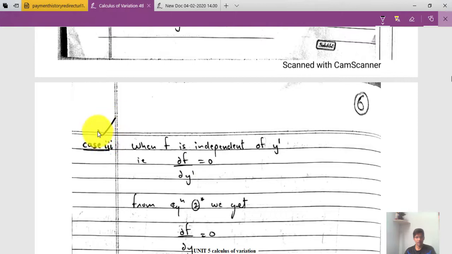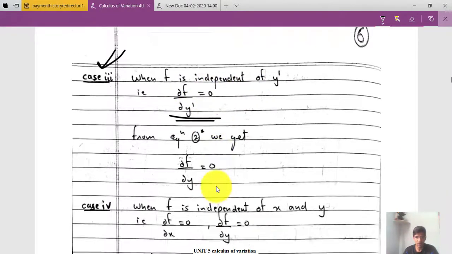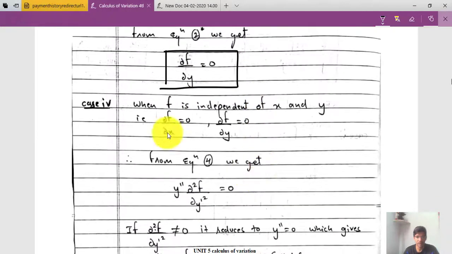Now case 3: if f is independent of y prime, dou f by dou y prime will obviously turn out to be 0. Therefore from equation 2, that is again by using Euler's equation, we have dou f by dou y equal to 0. And finally for case 4, if f is independent of x and y, dou f by dou x equal to 0 and dou f by dou y equal to 0.